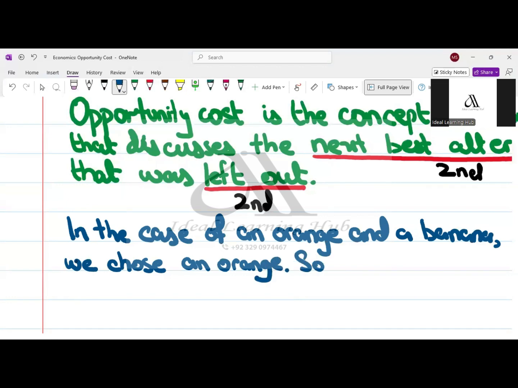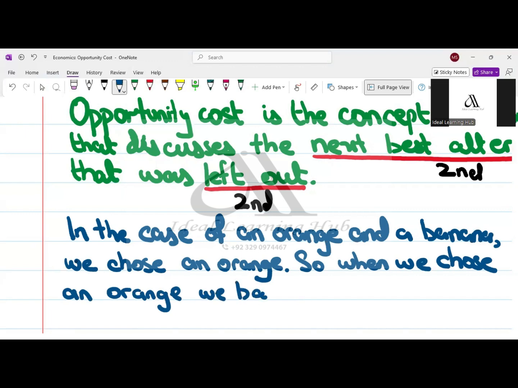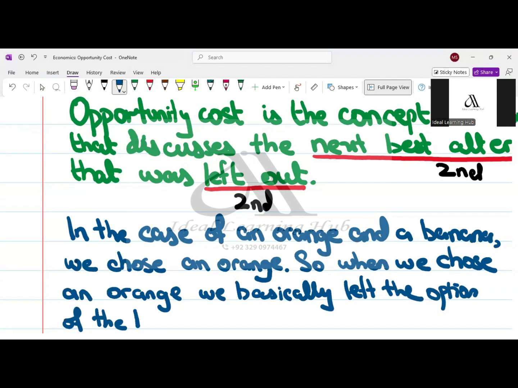So when we chose an orange, we basically left the option of the banana.